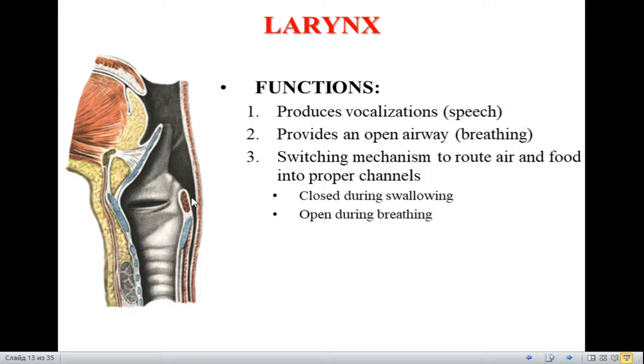That's why you have to be very attentive when you take a meal.